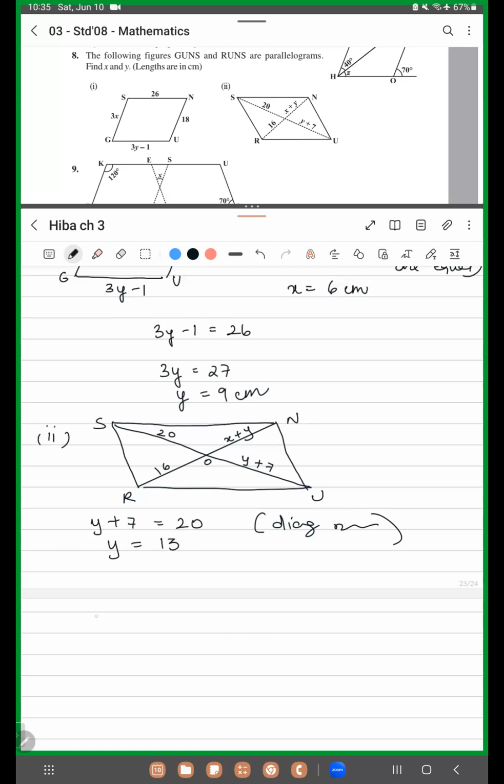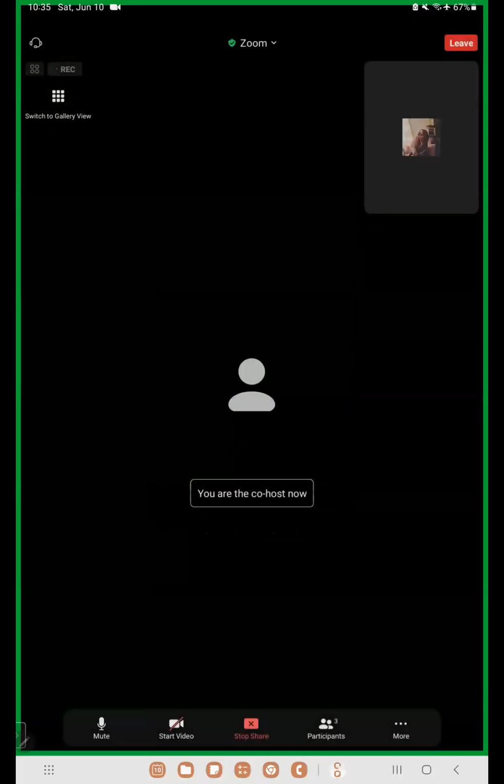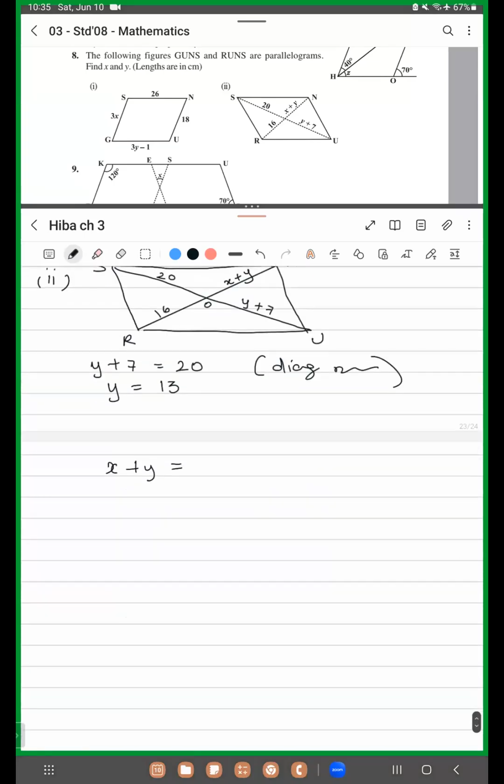Very good. Then what about x? X plus y equals 16, so x plus 13 gives 16. Then 16 minus 13, so x is equal to 3. Very good.